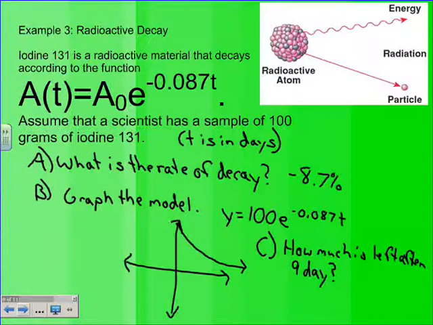So what are we going to do to figure that out? Plug in 9 for t, so purely a calculator problem at this point. We're going to do 100 times e to the negative 0.087 times 9 power.